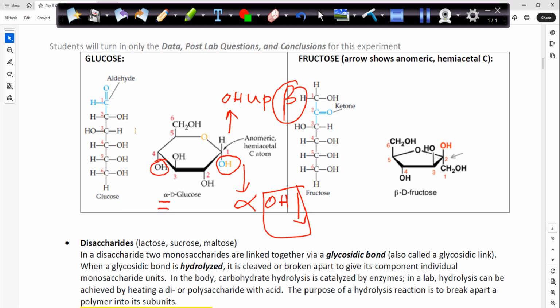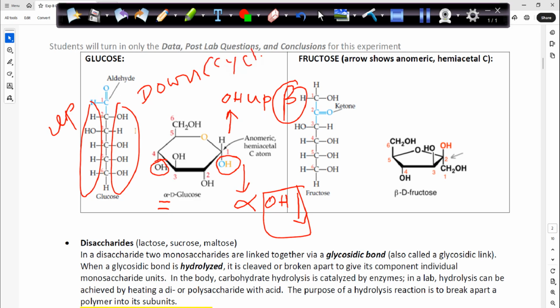And if you look at number 4, this is down, this is up in the cyclic structure.